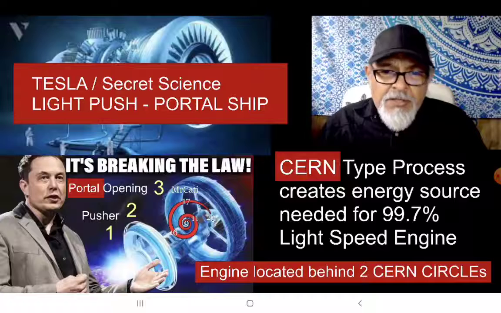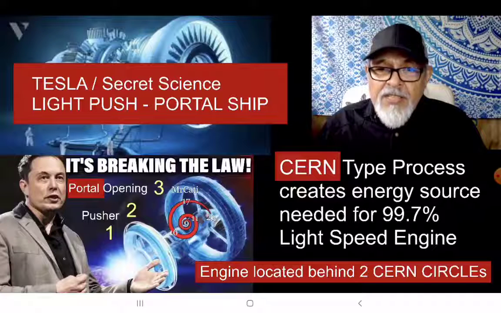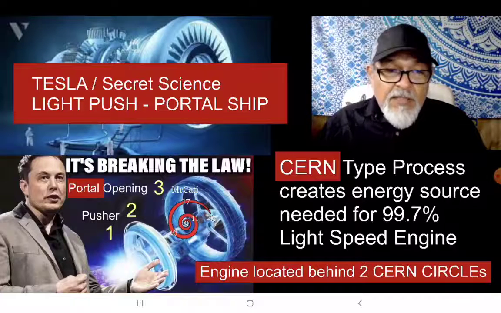Now, follow with me here, because this is important. Once you realize that this forward circle produces the special particles that are then put through the second ring, which is then hit with energy, frequency, and vibration of very specific settings, is what allows for this special effect that is going to help achieve light speed.